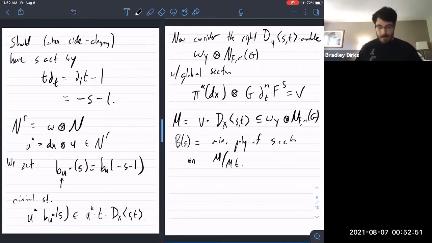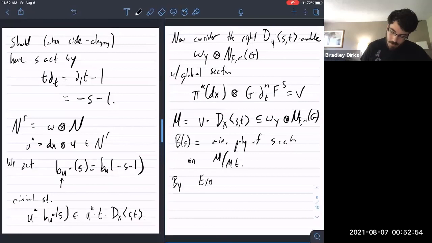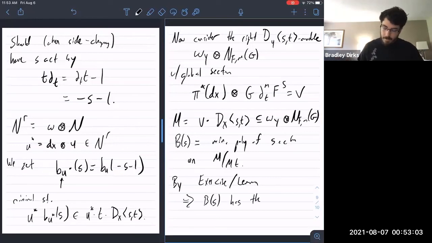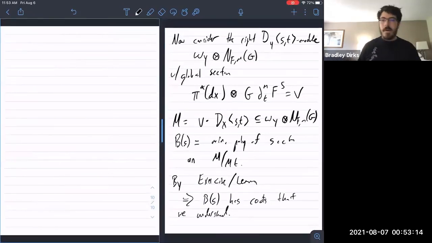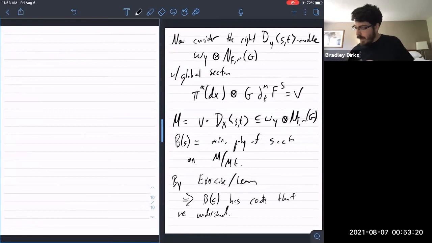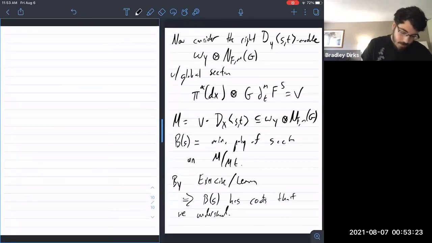By that lemma or exercise, we know B(s) has a nice form, has roots that we understand. Now the hard part is getting that, now that we know these roots, getting that downstairs. Remember, V is this pi upper star dx tensor g f to the s.